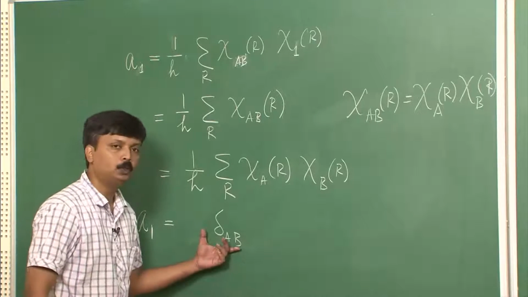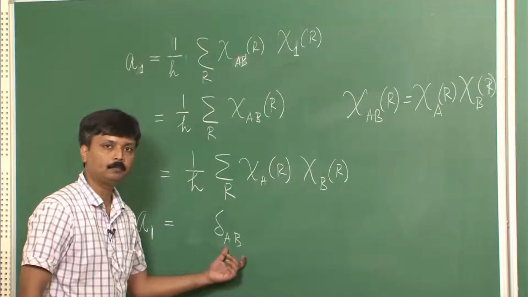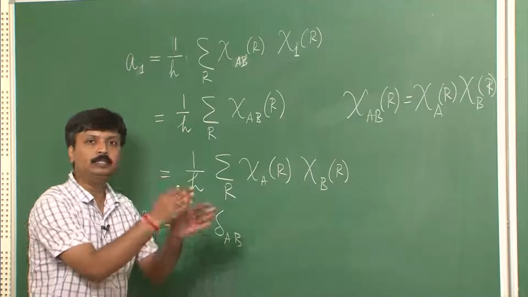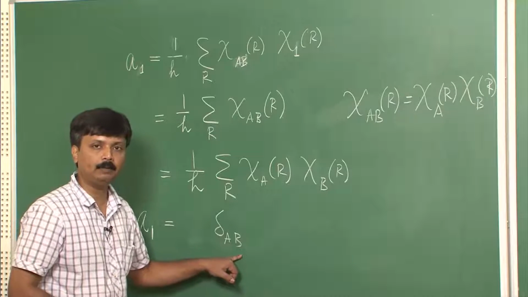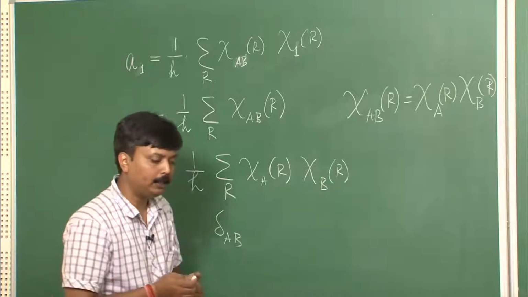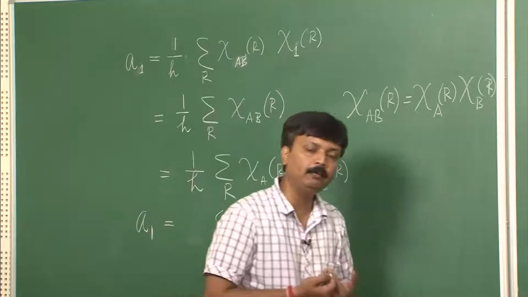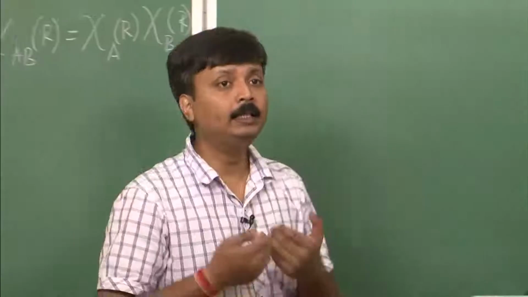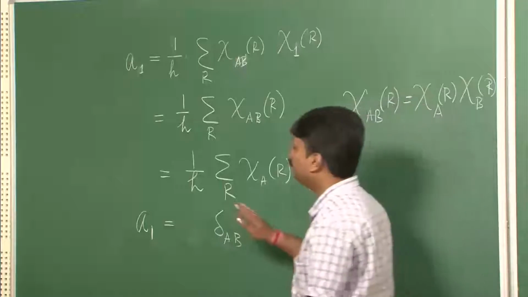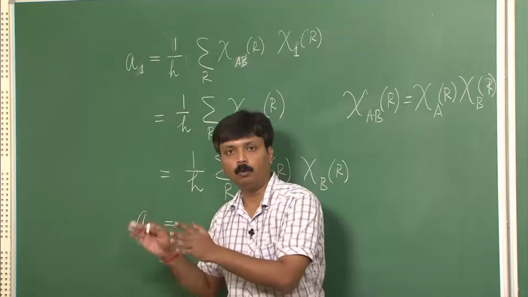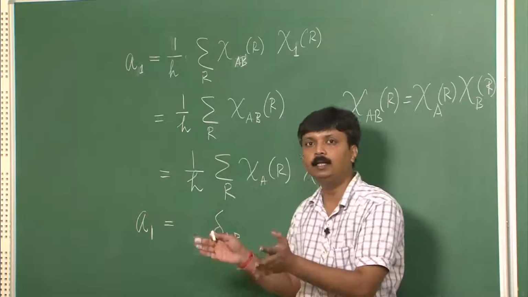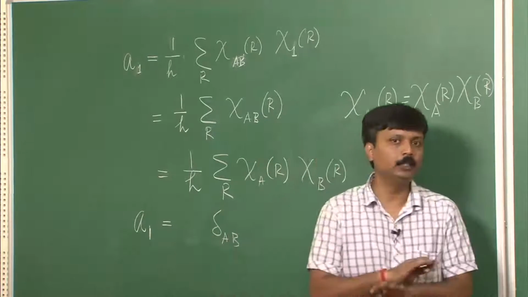So this is equal to 1 when A equals B, and that's exactly what we said, that if A and B are the same, that means if the direct product is done between the same irreducible representation, then only the totally symmetric irreducible representation will be contained within that direct product, otherwise it will not.